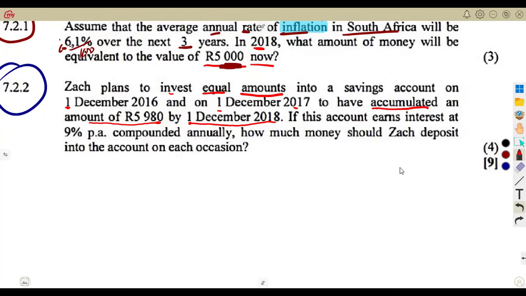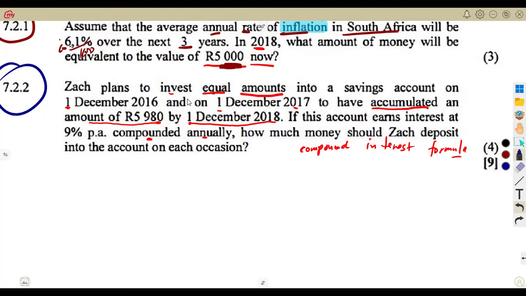If this account earns interest at 9% per annum compounded, we know we are still on the compound interest formula. So they are saying the account earns 9% per annum, compounded annually, how much should ZEC deposit?